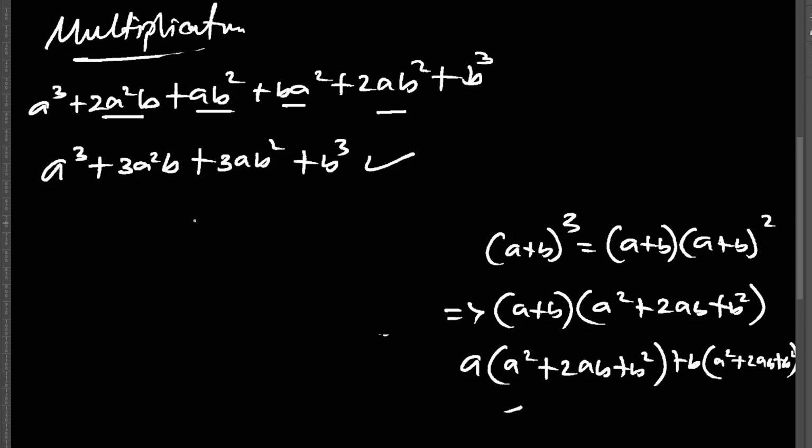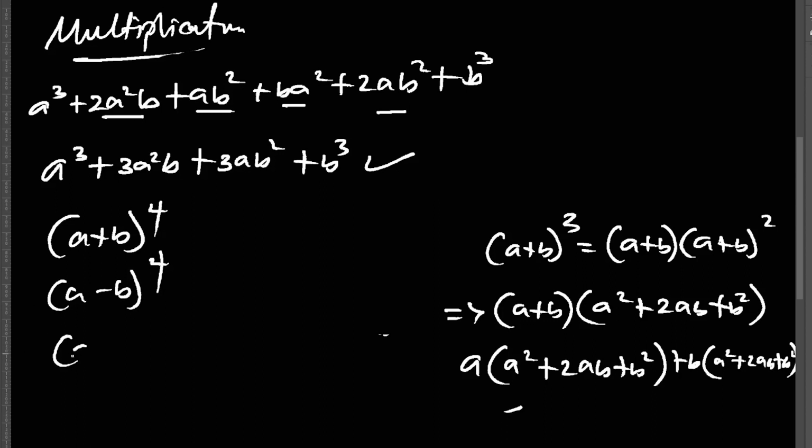So I'm going to leave you to try this: a plus b to the power of 4 and a minus b to the power of 4. And as well, you can try a minus b to the power of 3. And let's see what your result will be. You can let me know if you get it right in the comment section.